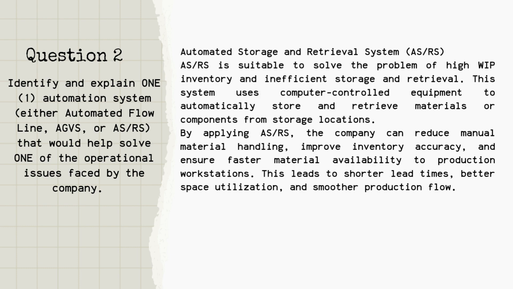By applying ASRS, the company can reduce manual material handling, improve inventory accuracy, and ensure faster material availability to production workstations. This leads to shorter lead times, better space utilization, and smoother production flow.